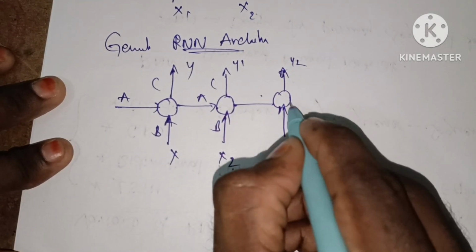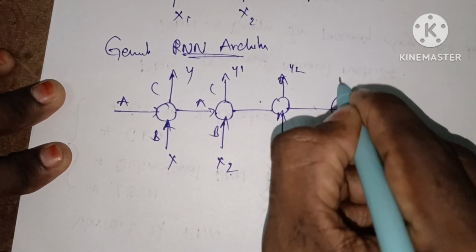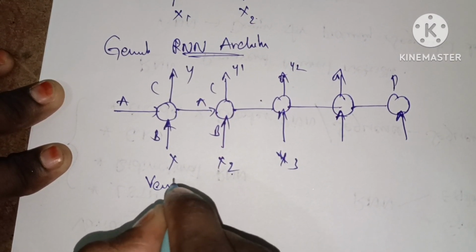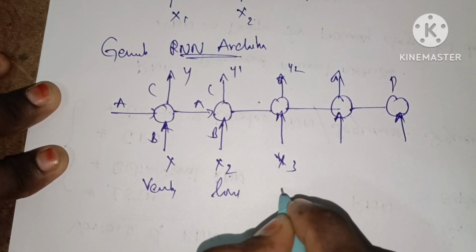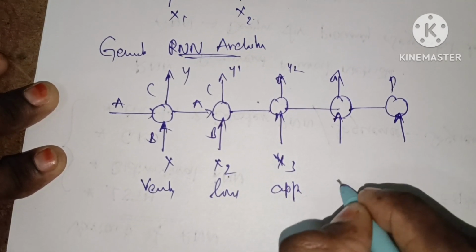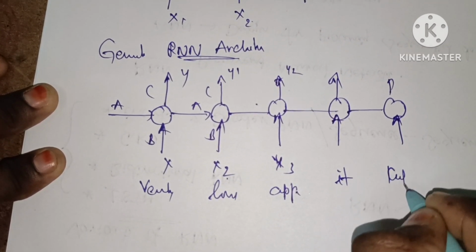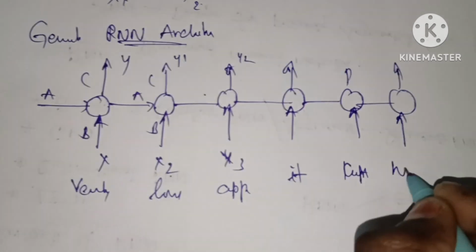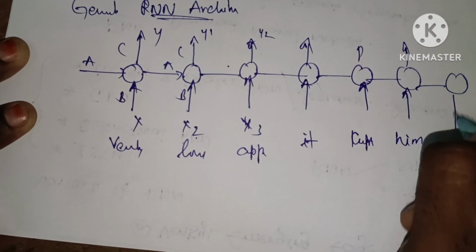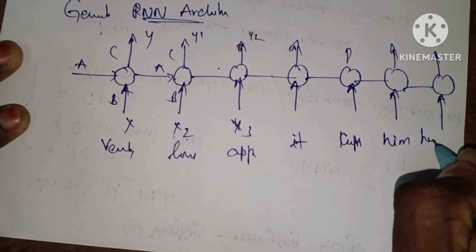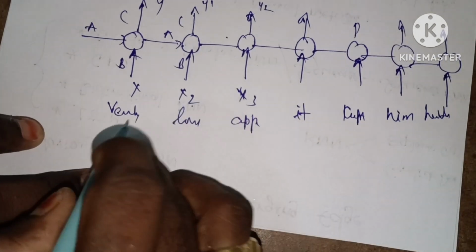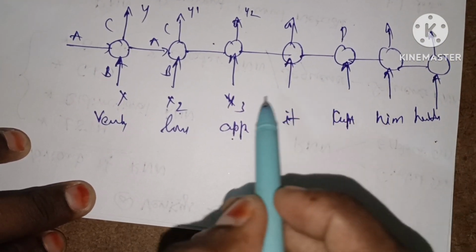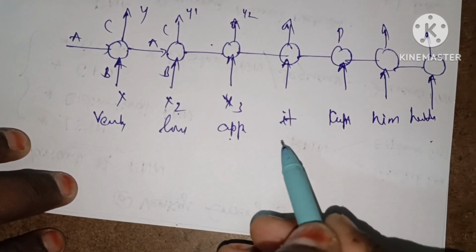But what will happen here? Venki is one input, loves, apple, it keeps him healthy. In this statement we find that apple is a fruit and is healthy. But in another statement given the same way, apple is a company.